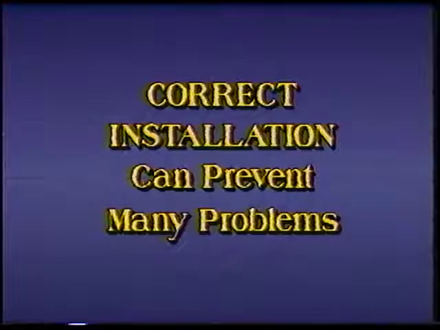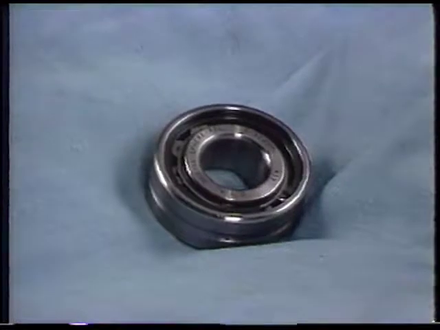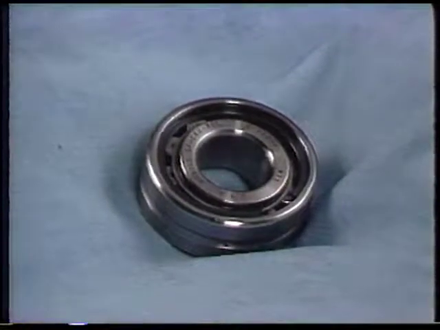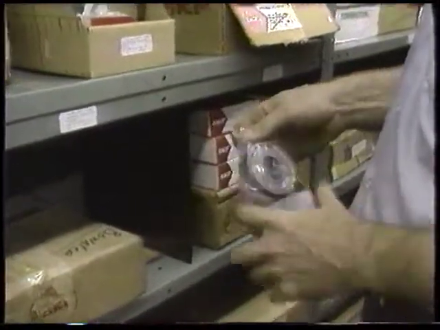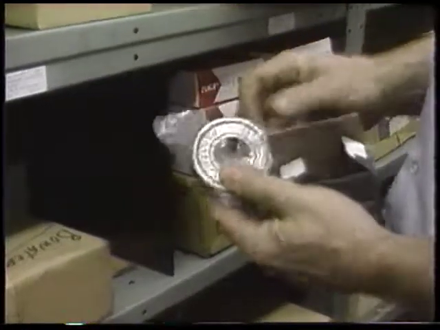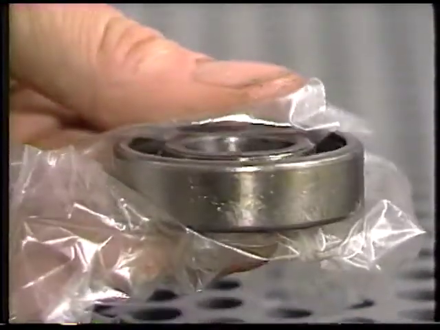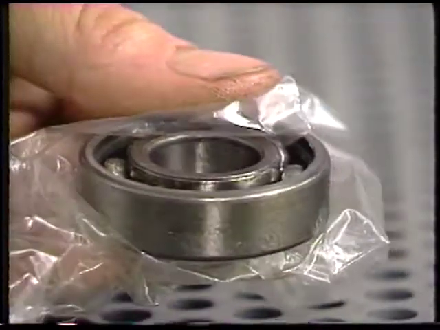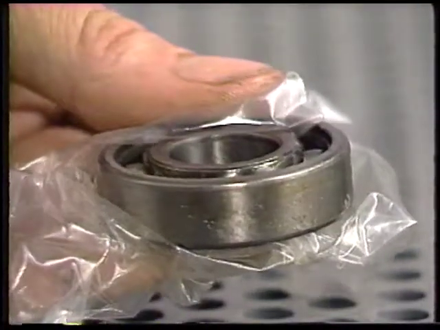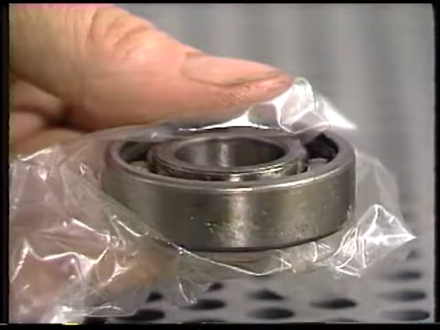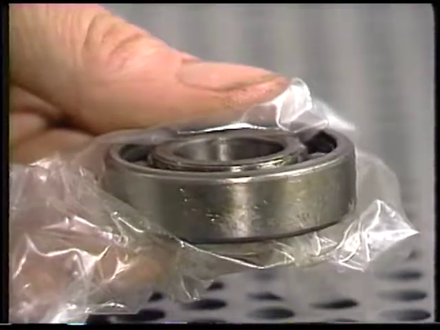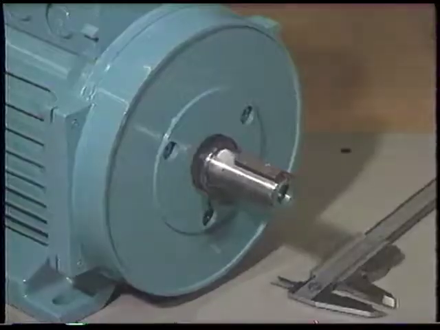Since many bearing problems can be traced to damage that occurred during initial installation, it is very important to know how to install a bearing correctly. New bearings taken from sealed, undamaged packages will not need to be cleaned. Any rust-preventative coating has no harmful effect on the lubricant. If you do need to clean a bearing for any reason, immediately afterwards, oil or grease it to prevent rust from forming.